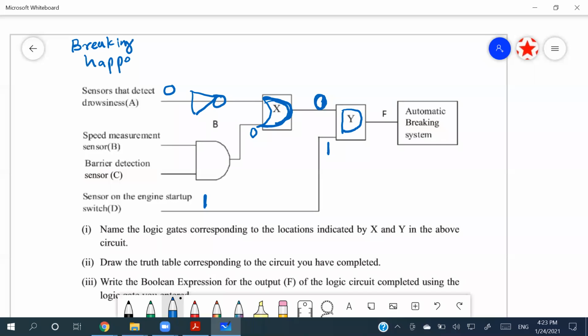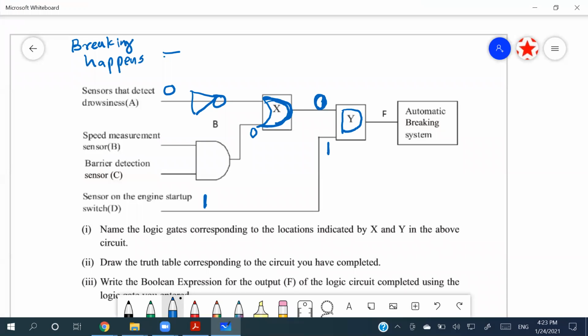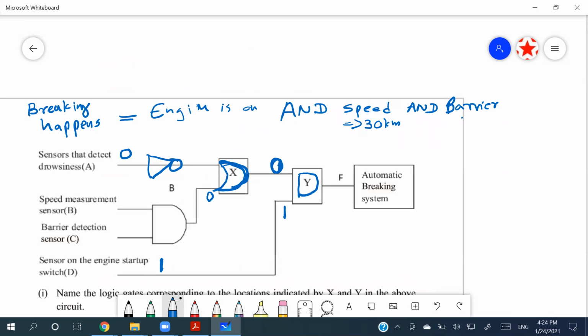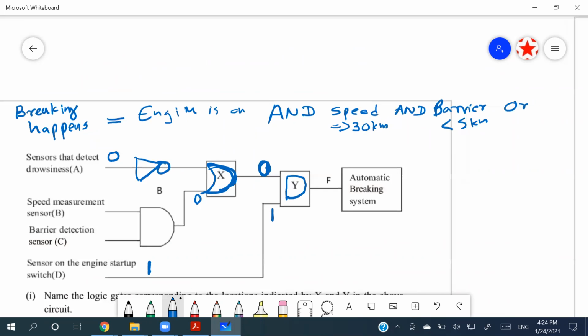Braking happens when engine is on and speed larger than or equal to 30 kilometers and barrier less than 5 kilometers or sleepiness.